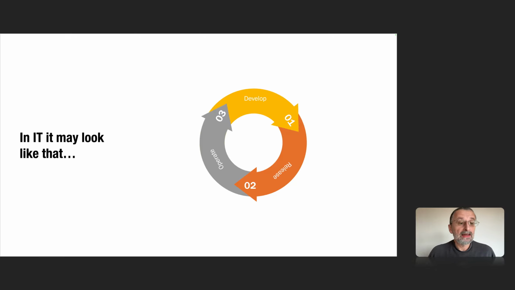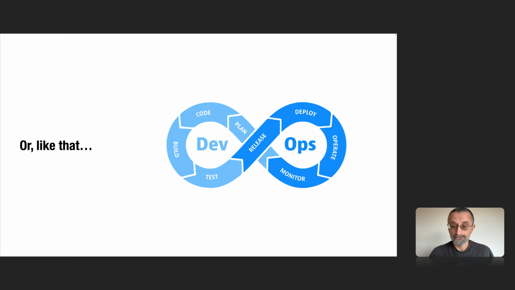In the IT world, it may look like this. We have some development stage, next a release stage, and an operation stage. Develop, release, operate, compared to design, provide, improve, almost the same ideas.